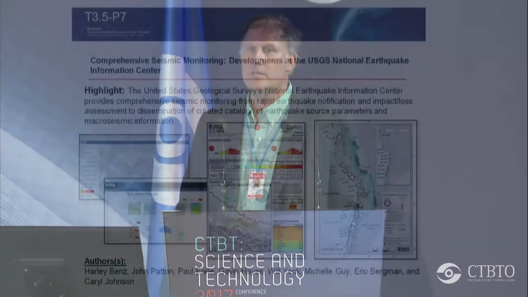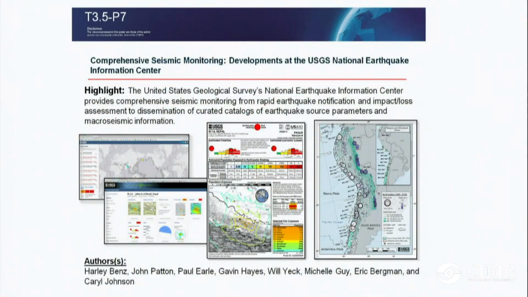I'm Harley Benz, scientist in charge of the USGS National Earthquake Information Center, and we have a poster here that will illustrate the richness of the inputs that we use in our processing system, that range from Twitter detections to macroseismic inputs, all in real time, to classical peaks and amplitudes.